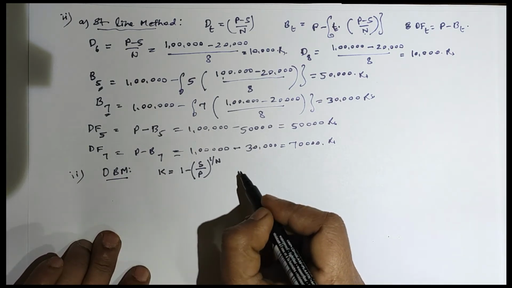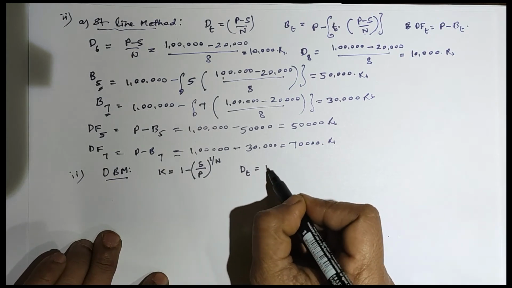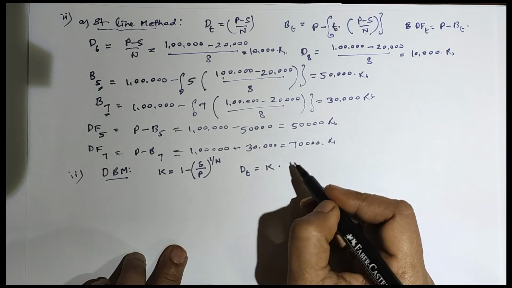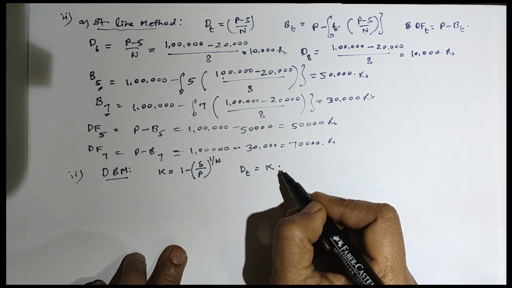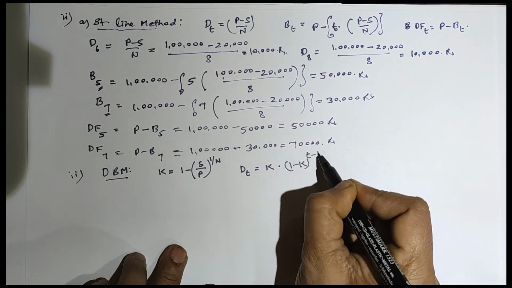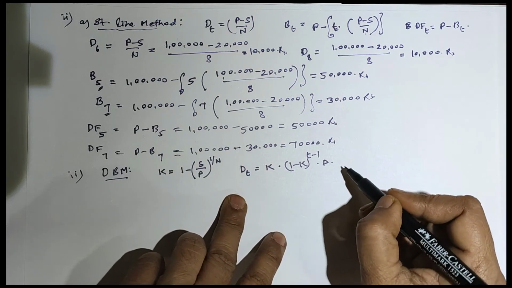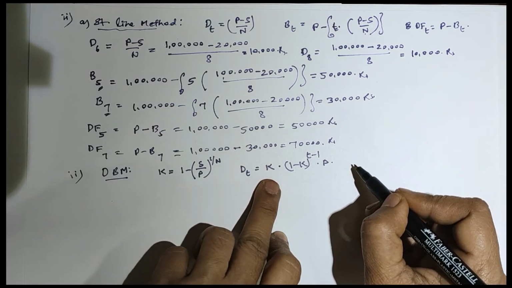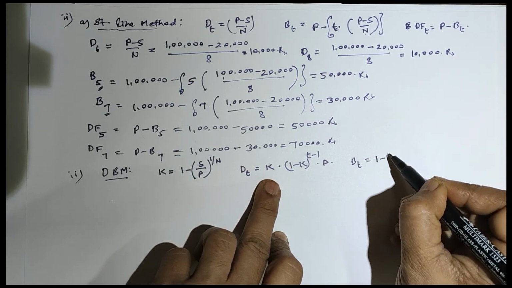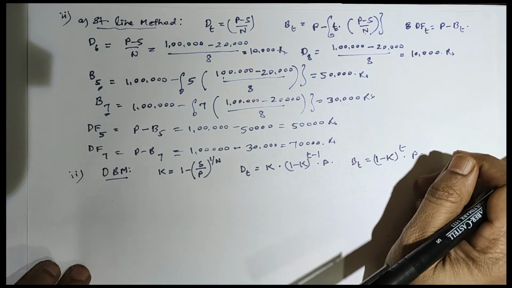And then dt is K into (1 minus K) raised to T minus 1, into P. And bt would be (1 minus K) raised to the power T into P.